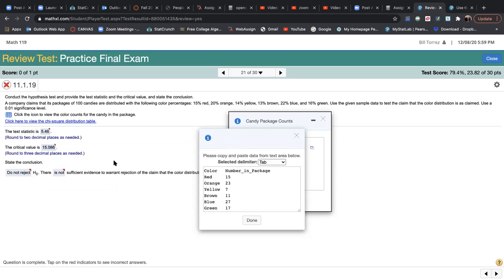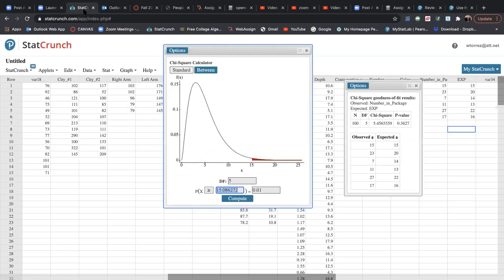Okay, and so the test statistic falls to the left of this critical value, right? And we saw from StatCrunch that the probability value was high. It's 0.3627, and therefore p-value is high, H0 will fly, and we can say, in fact, that there is a good fit.